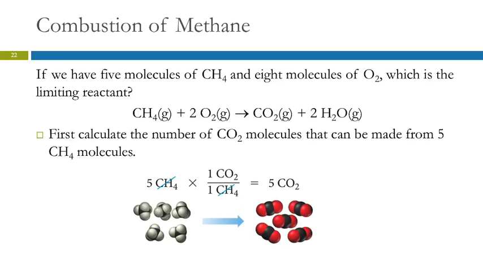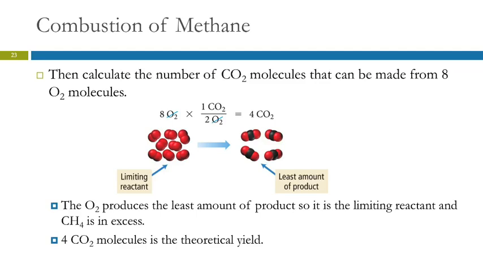It's a little bit like the crusts and the pizzas. If we have 8 molecules of oxygen, so here's our 8 oxygen molecules, the equation tells us we're going to make 4 molecules of CO2, 1 molecule of CO2 for every 2 oxygen molecules. That ends up being 4.